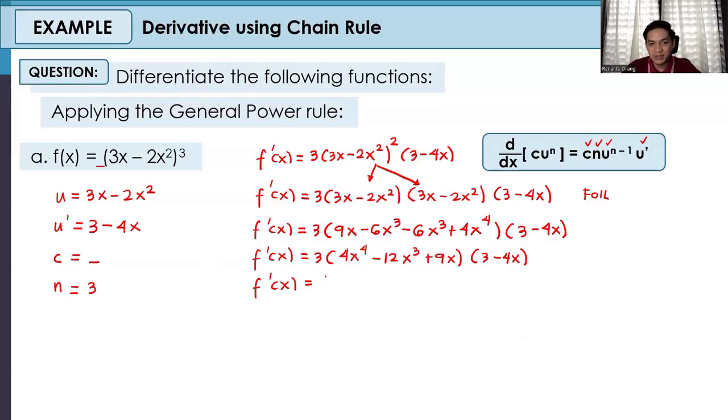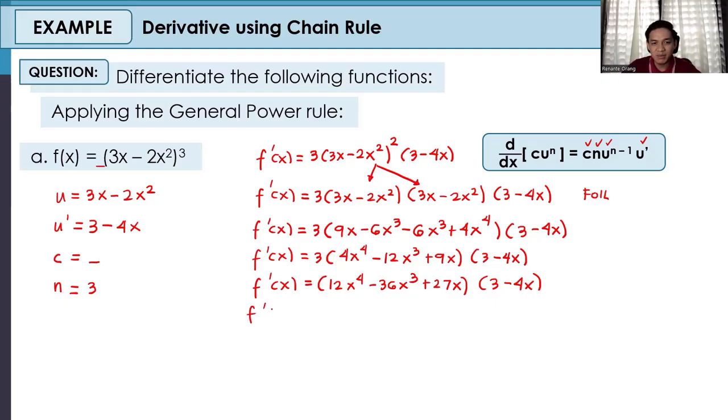3 times 4 is 12x raised to 4. 3 times negative 12 is negative 36x cubed. 3 times 9 is 27x multiplied by 3 minus 4x. Next is FOIL method ulit tayo pero etong dalawa.